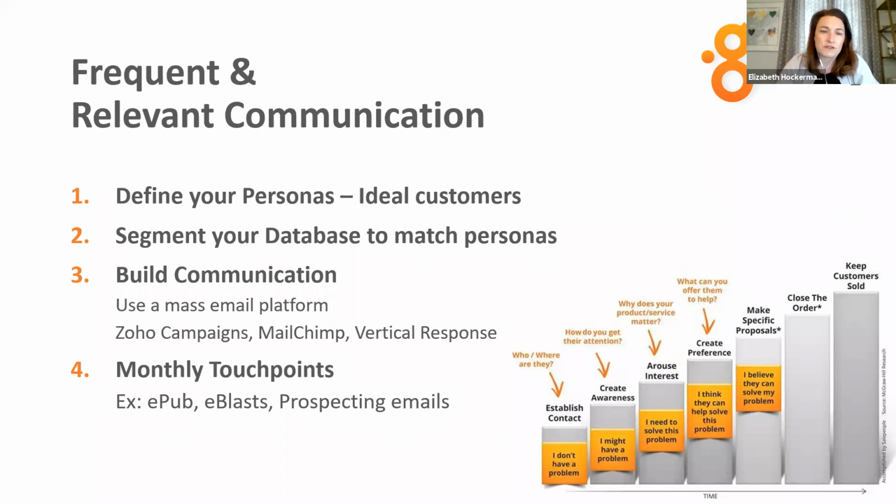The difference between an ideal customer and a persona is that a persona breaks down that ideal client into types of fictional buyers. It could be based on a job function or role, an actual title, or an industry.